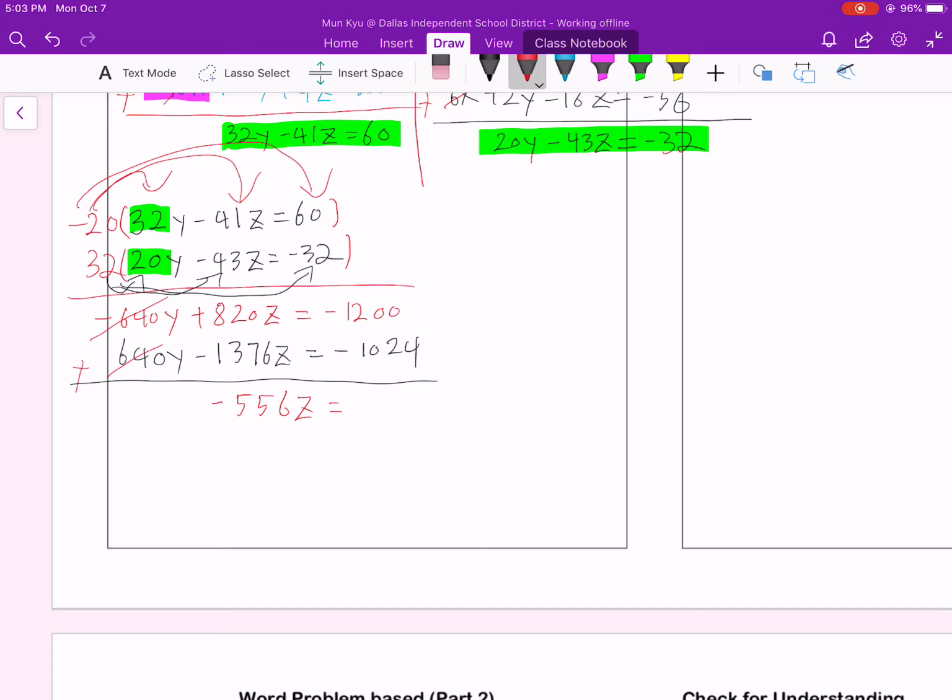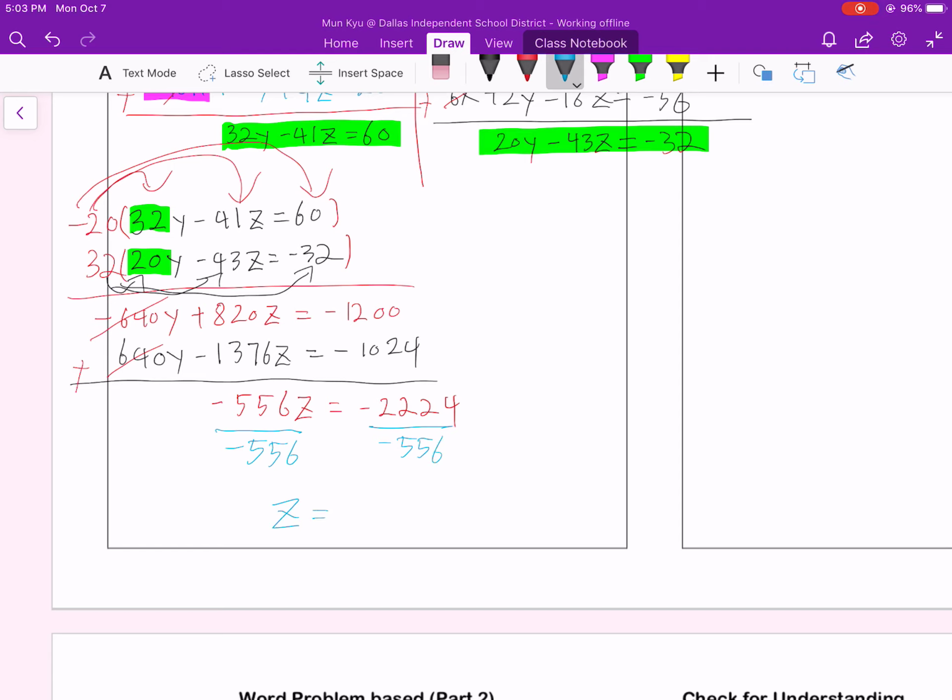At last, if you want to solve for z, you have to get rid of negative 556 and simply divide by this number. And if you do it, you will get z equals 4.